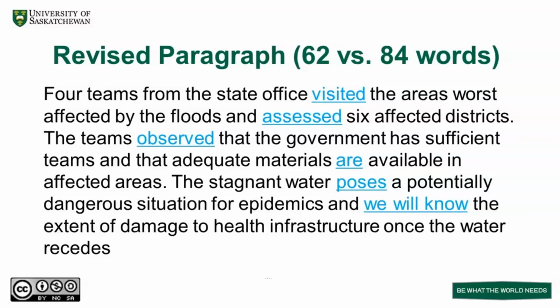So for instance, in that first sentence, if we are focusing on this use of the term visited as opposed to conducted visits, suddenly we get to remove that other verb in favor of foregrounding visit as the main verb in that sentence. So visited, assessed, observed, are, poses, we will know. All of this is helping to reduce some of those words in this previously somewhat wordy paragraph.